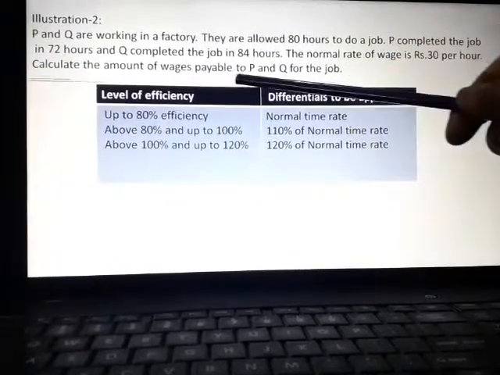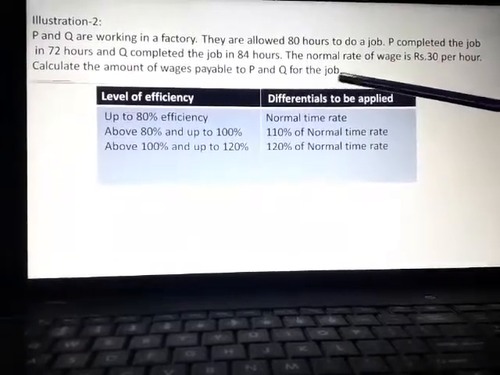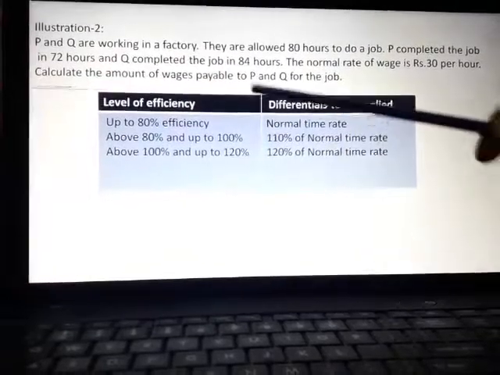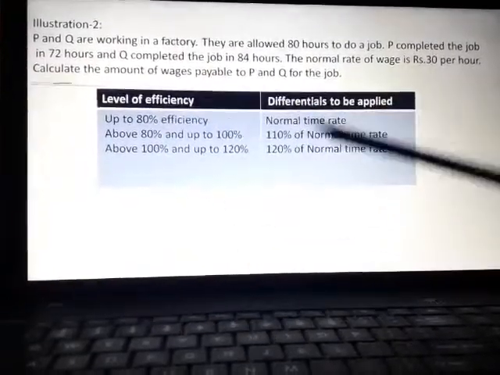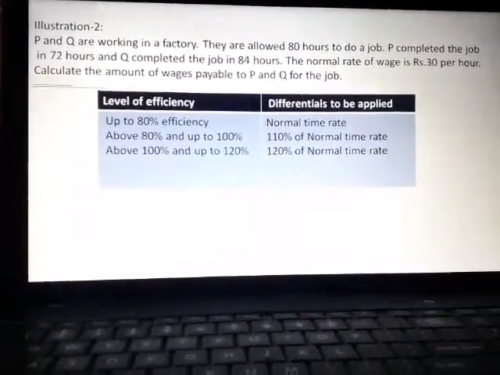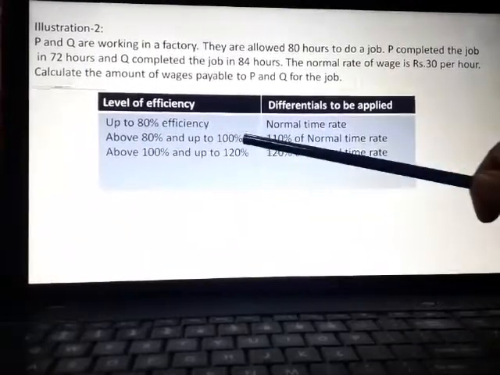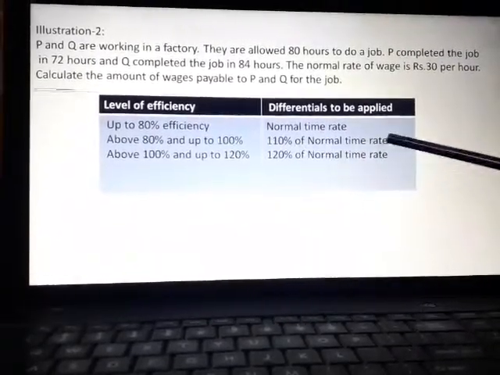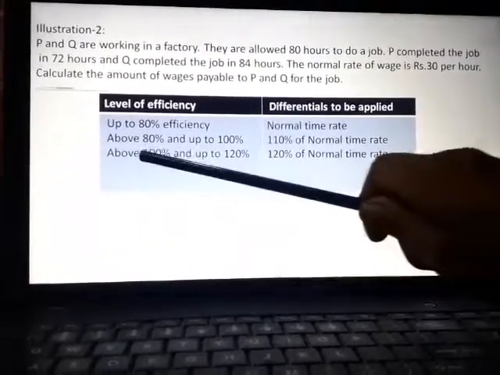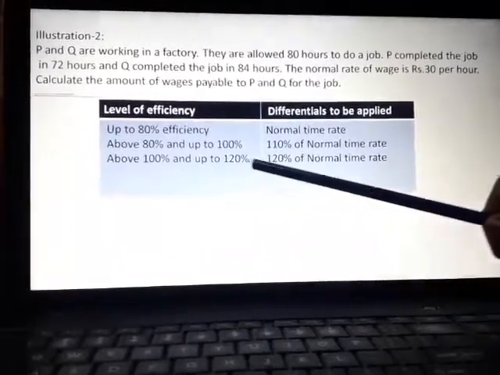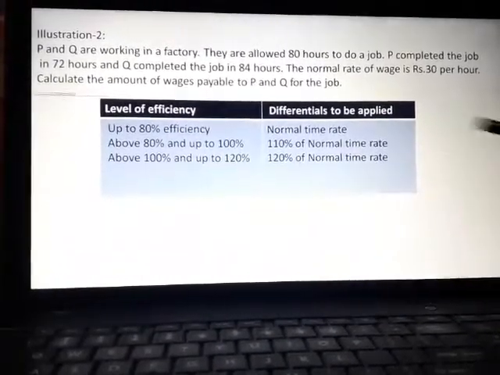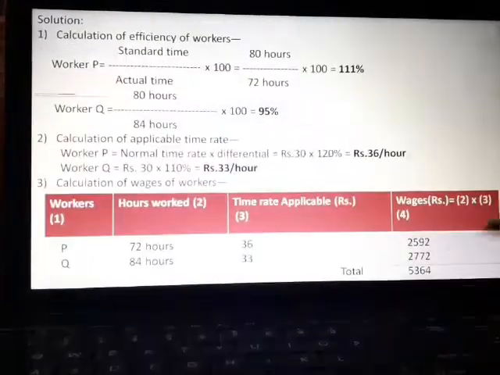Calculate the amount of wages payable to P and Q for the job. The scale is given: up to 80% efficiency, normal time rate is applicable; above 80% and up to 100%, 110% of normal time rate; and above 100% up to 120%, 120% of normal time rate.